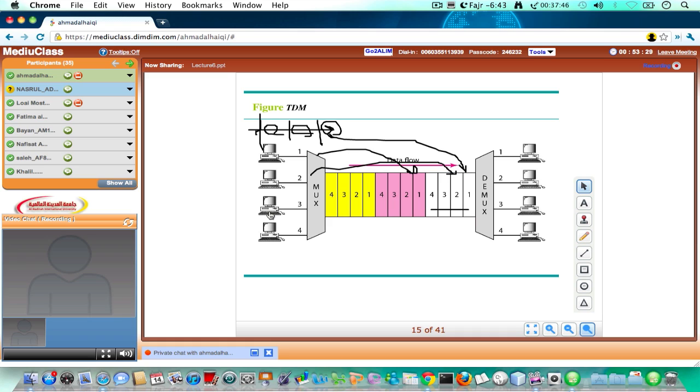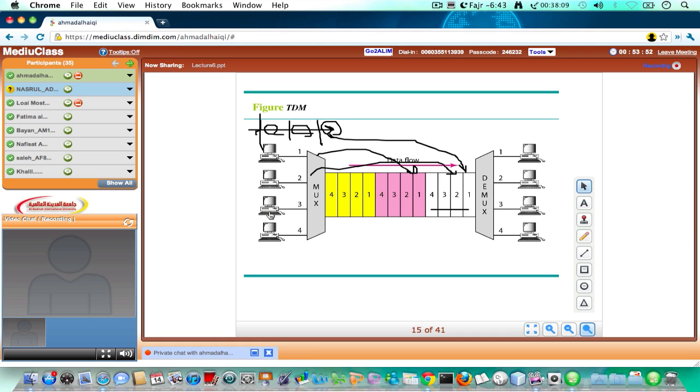This is in pink in the middle. Then the third iteration, 1, 2, 3, 4. This is in yellow, a third frame, and send this. So now we are using the whole range of frequencies, but we are giving each signal just a time slot, just a small amount of time.